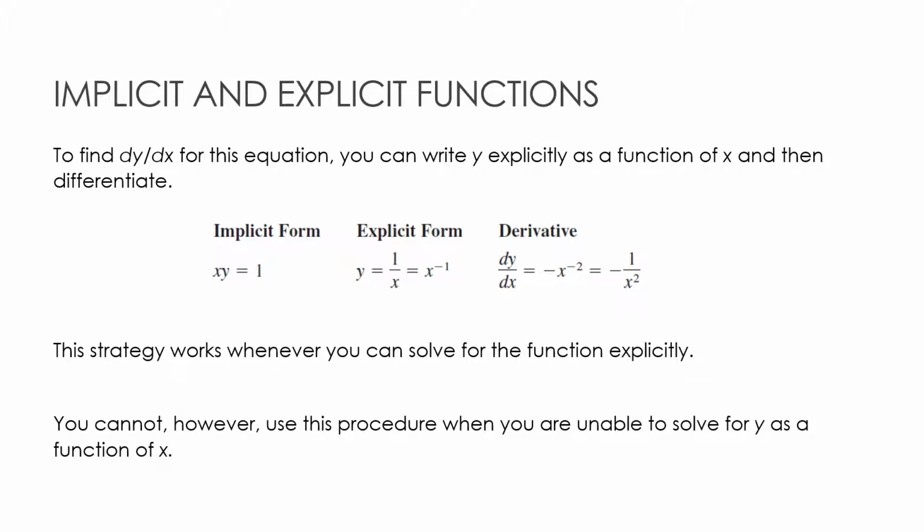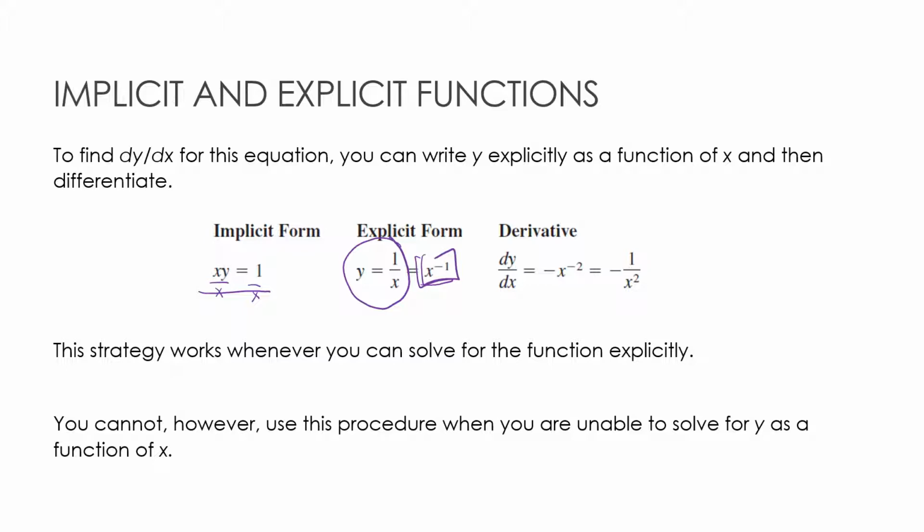To find the derivative for the equation, I have to be able to write it explicitly, which sometimes is super duper easy, like this example. If I have xy equals 1, it's really easy for me to manipulate this by dividing by x on each side to get y equals 1 over x, or y equals x to the negative 1, which as we know is the same thing.